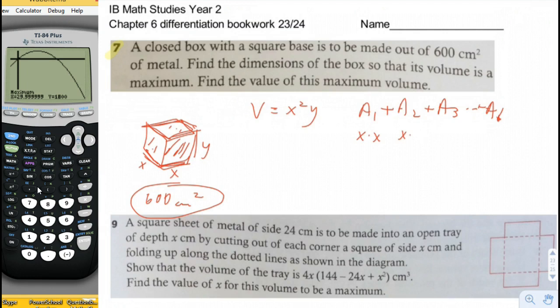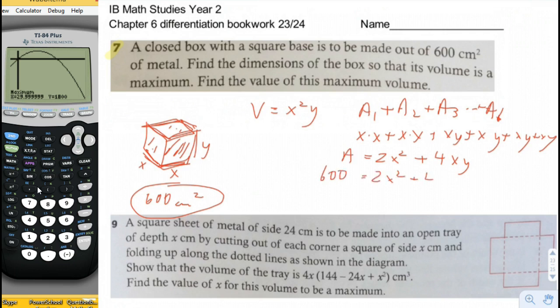What about the sides? So each of the sides would be x times y, and there's 4 sides. And we just add all those together. So what we end up with is 2x squared plus 4xy. And that is equal to the total area, which is equal to 600. So 600 equals 2x squared plus 4xy.